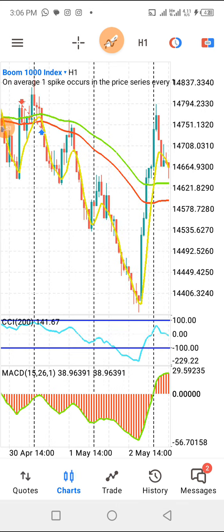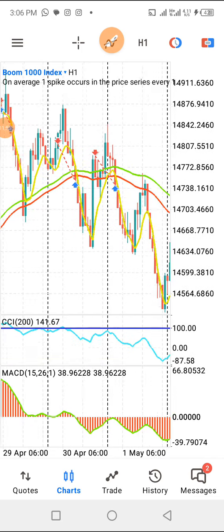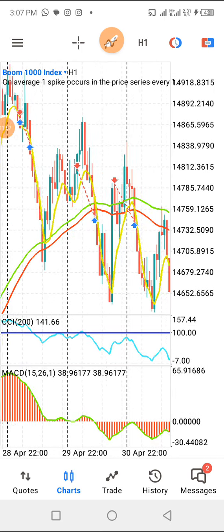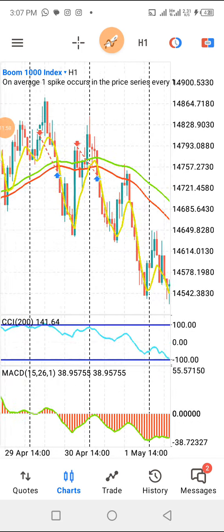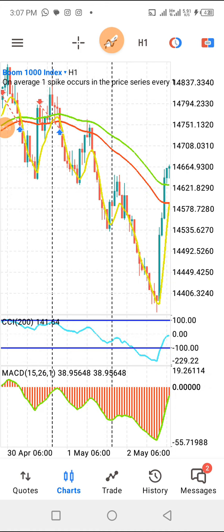Exactly, guys. Because there are days price will definitely go against your prediction. That is why when you lose little, the time you'll be winning, you will win double what you lost.